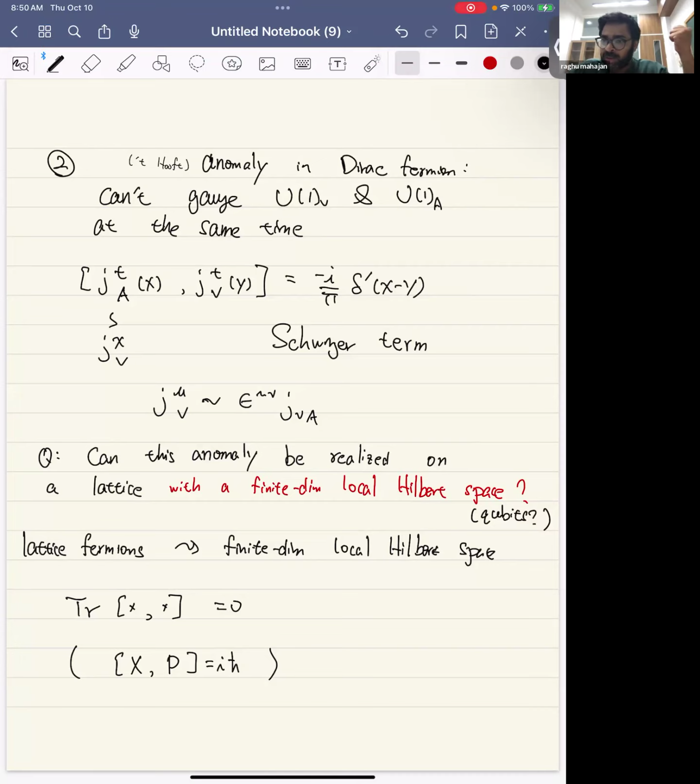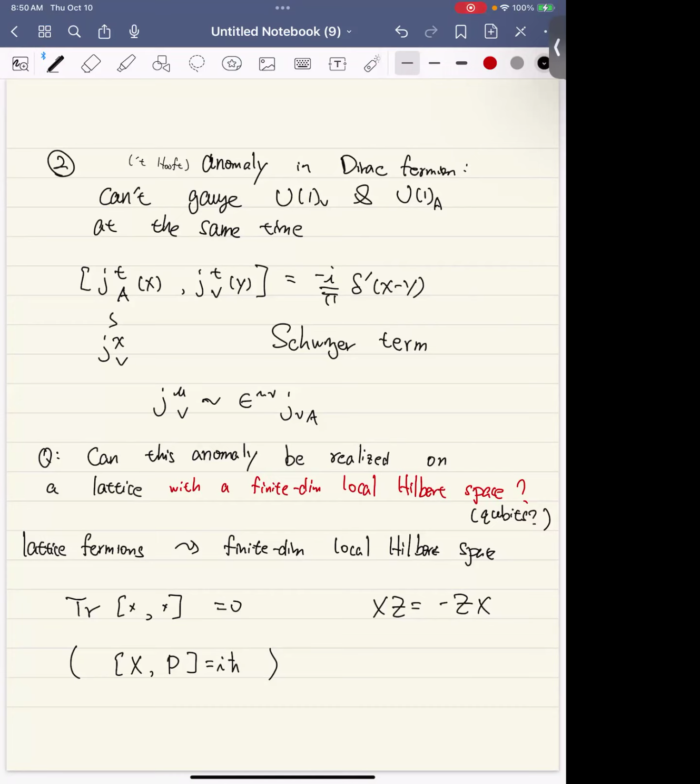Oh, you mean these Weyl operators like e to the i alpha X, e to the i beta P. Okay. And they have a commutation relation, which basically follows from this i hbar, but those ones can be realized on a lattice.